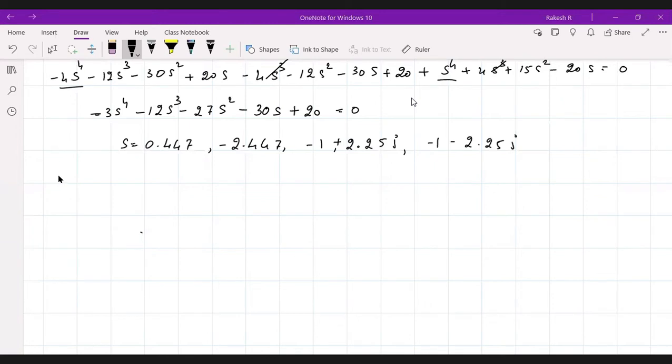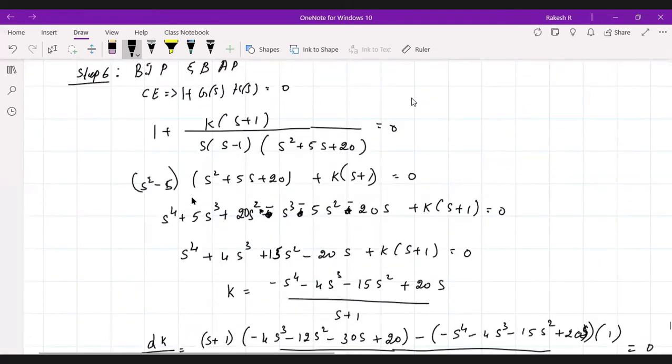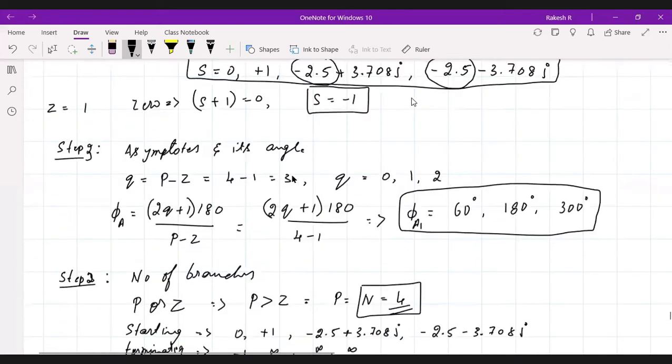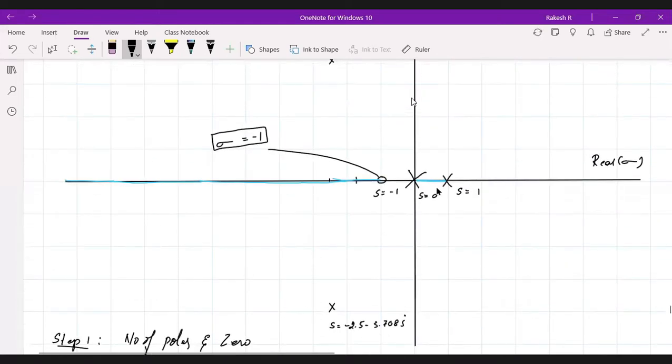And I have one more method to find it, that is the Newton-Raphson method. Why I am choosing the Newton-Raphson method here is, when you look at the graph, we know the root locus exists in between -1 and 0, and also between -1 and minus infinity.